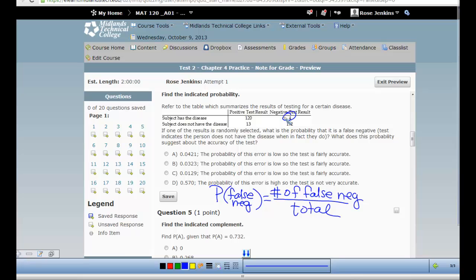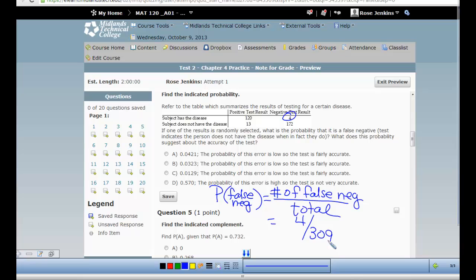So we've got 4 false negatives. Does everybody agree? Okay, 4, and then our total is, what is it? 309? You sure? Okay, 4 over 309.